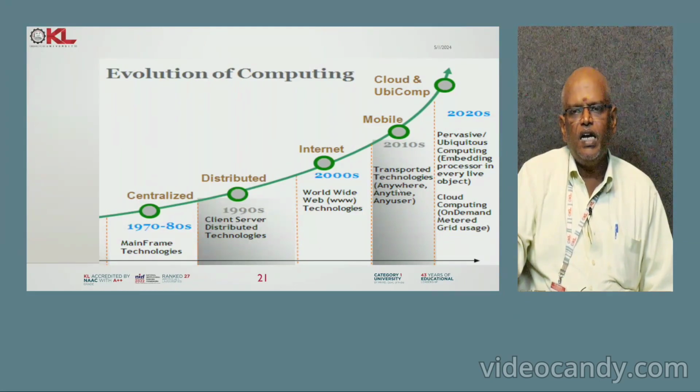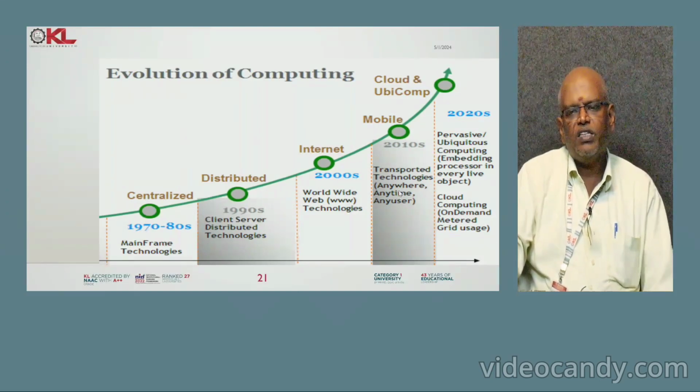That is nothing but cloud and ubiquitous computing that transported technologies anywhere, anytime, for any users. During the 2020s, pervasive ubiquitous computing developed with the help of embedding processors in every live object. Cloud computing has developed on demand, metered grid usage.